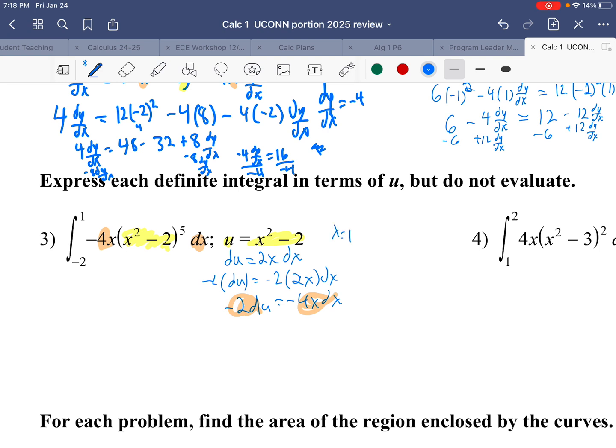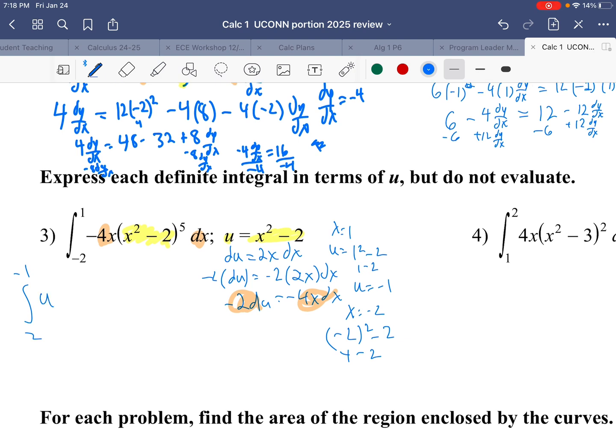If x equals 1, then u is going to be equal to 1 squared minus 2. 1 minus 2, u is equal to negative 1. And when x equals negative 2, this is negative 2 squared minus 2, 4 minus 2, this is 2.